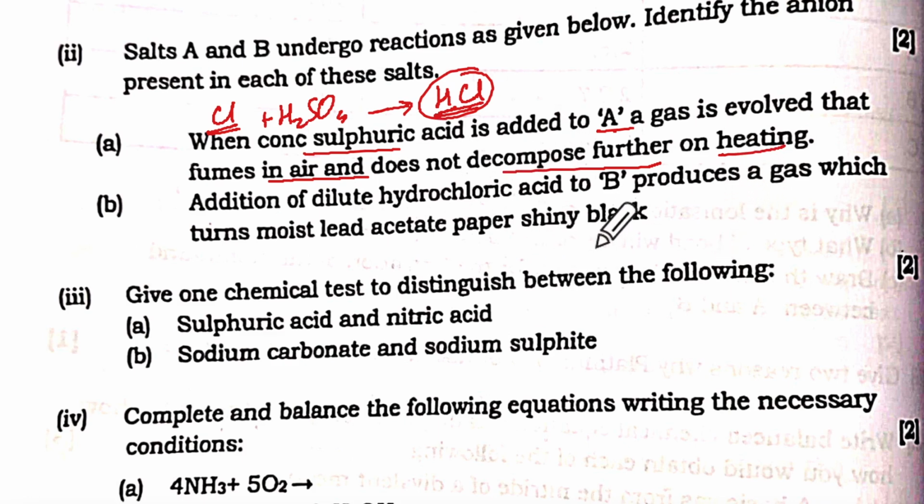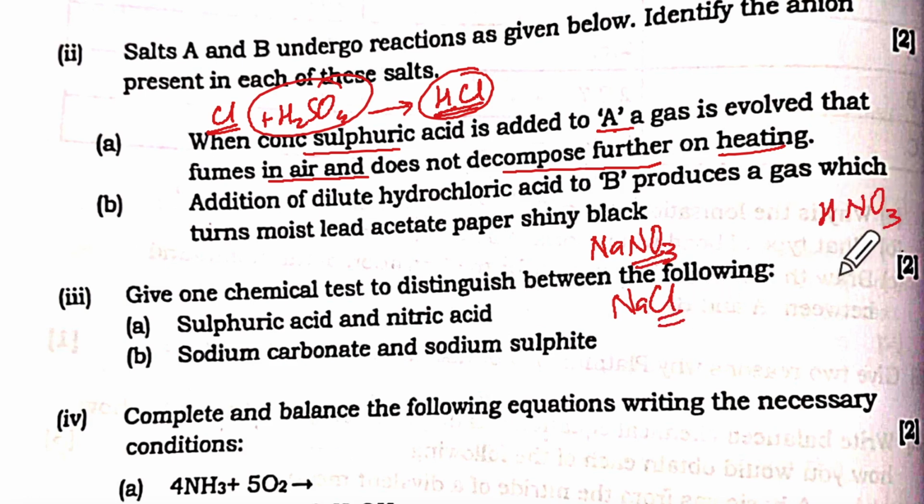With conc sulfuric acid, you can have NaNO3 as well as NaCl reacting with conc H2SO4, correct? If it is NaNO3, I'll get HNO3 as the product. If it is NaCl, I'll get HCl as the product. And HCl will not decompose, but HNO3 will decompose.